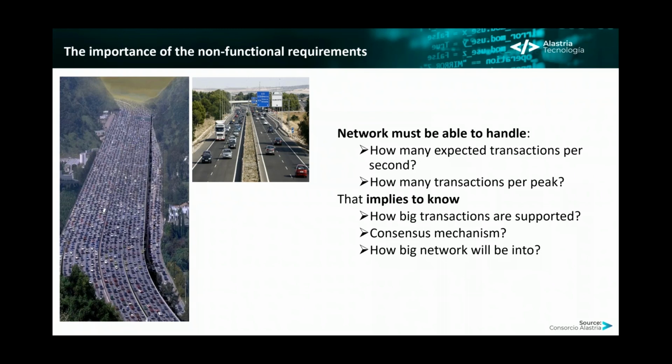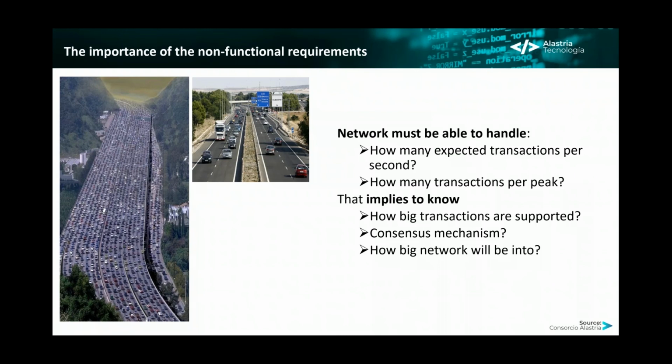And that implies that you also need to know how big your transaction is going to be. It's not the same to have only one person per vehicle as to have a whole family. In your case, it's not going to be the same if you need to store only the hash, or if you need to store the hash plus some additional data that you need to put in the system.